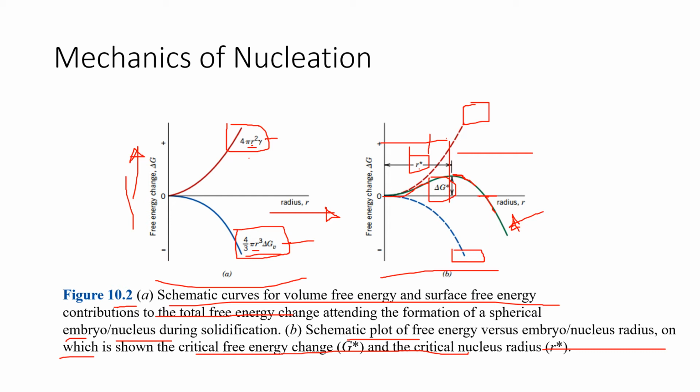Eventually it may be considered as an energy barrier to the nucleation process, because r star and delta G star appear at the maximum on the free energy radius plot. So we will derive the relationship for r star and delta G star individually.